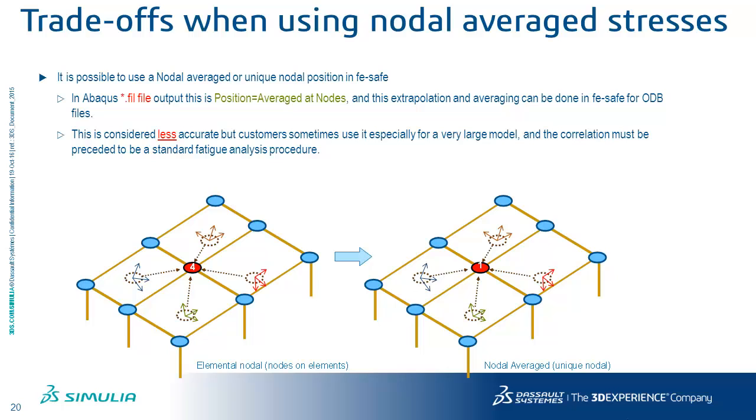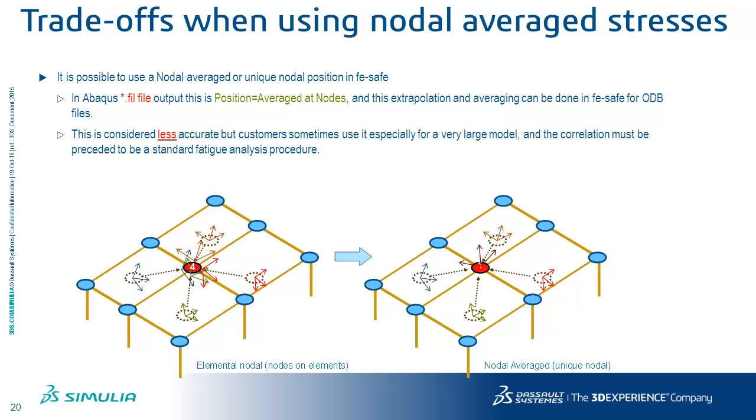But if you have a really big model, then the user's preference was, how about having just one typical value per node? You cannot do that in Abaqus by using an ODB file, but if you use a field file, then you can use position equals to average at nodes, so that the field file contains only one stress tensor per node.